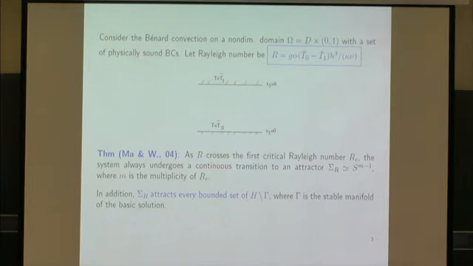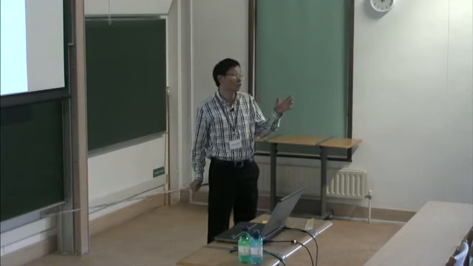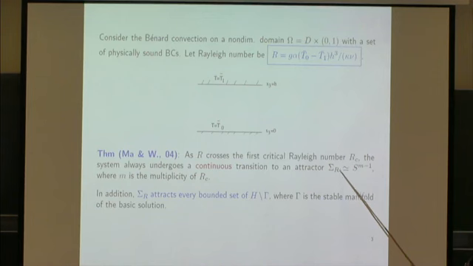What we proved at the time, at the beginning of the program, is that when the Rayleigh number crosses the first critical Rayleigh number, the system always undergoes a transition, which we call a continuous transition, to a local attractor that is homeomorphic to the (m minus 1)-dimensional sphere, where m is the number of modes that become unstable.